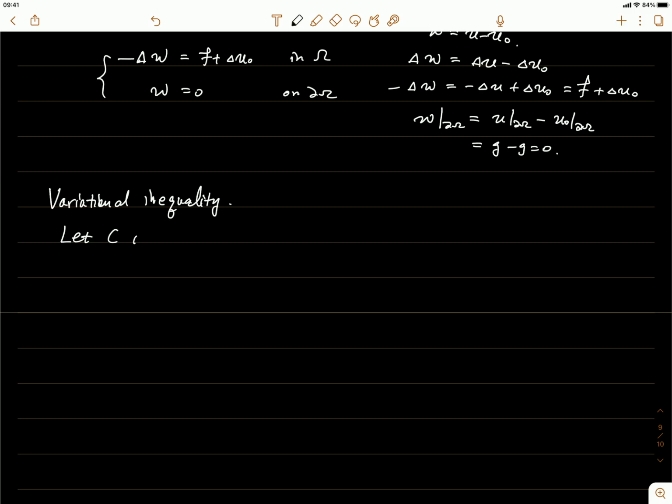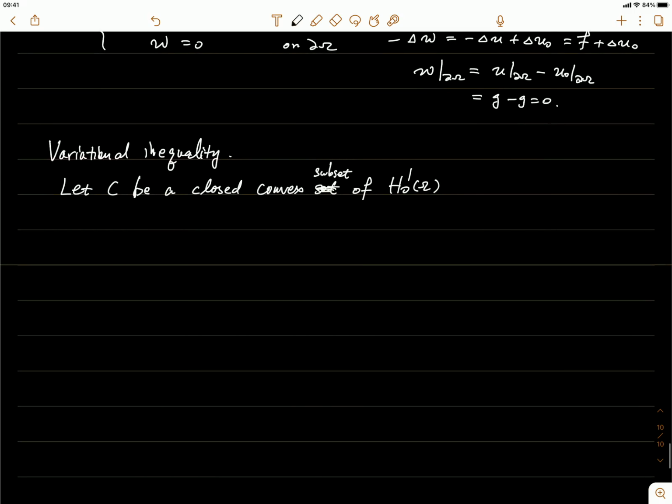Suppose that C is a closed convex subset of H_0^1. Okay, it doesn't have to be a linear space or a linear subspace or whatever. It's just a convex subset of H_0^1.